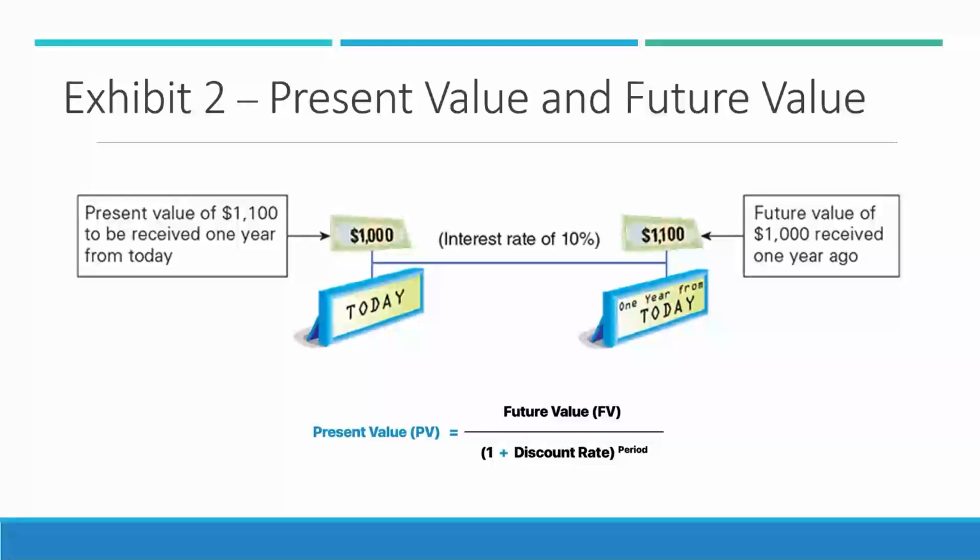So it's the future value divided by 1 plus the discount rate. In this example, it would be 1,100 divided by 1 plus 0.1, because 10% is the discount rate, and it's only 1 year, so to the first power. And so 1,100 divided by 1.1 is 1,000.